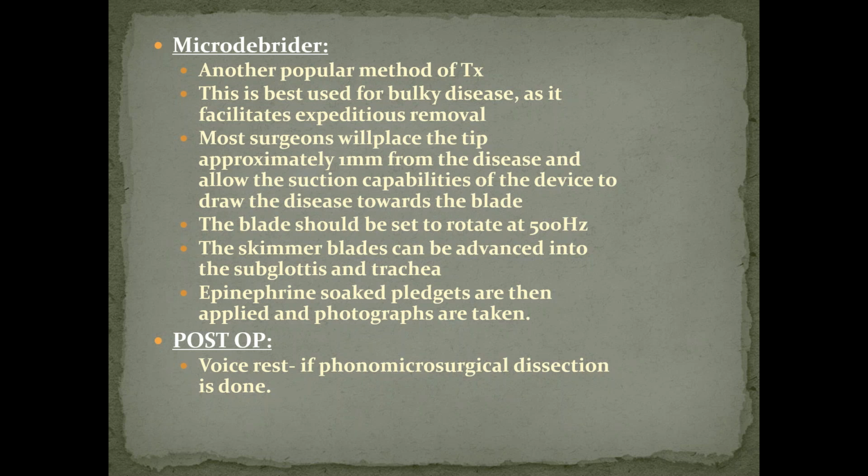Usually you will use the microdebrider in functional endoscopic sinus surgeries. Here there is a precise rotatable blade with a suction apparatus. So it will precisely cut the tissue and suck the tissue without damaging the underlying structures. That is the microdebrider.